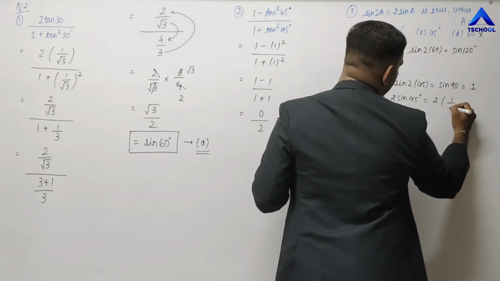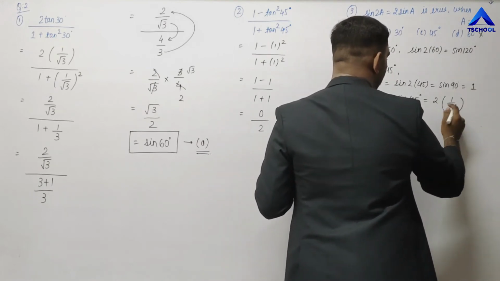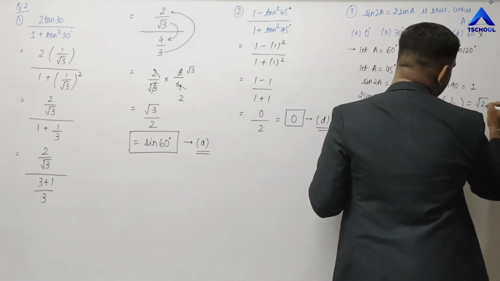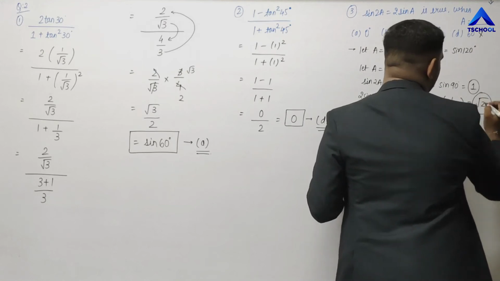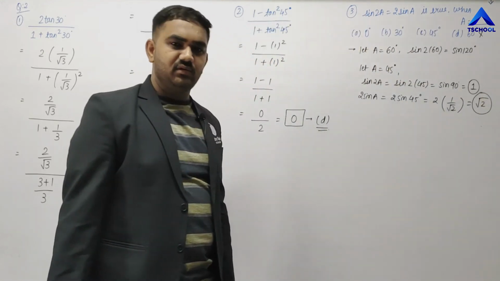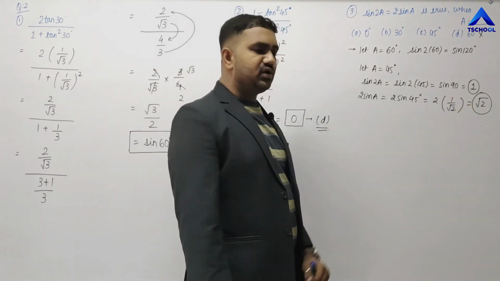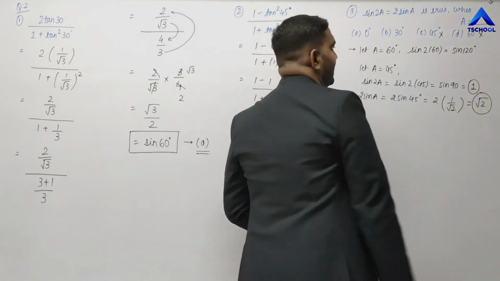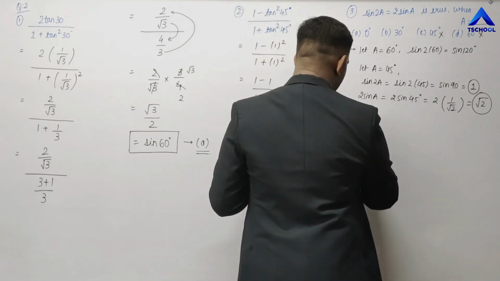Sin 45 is 1 by root 2, so 2 into 1 by root 2 is equal to root 2. So is 1 equal to root 2? No, 1 and root 2 are not equal. So obviously sin 2a and 2 sin a are not equal. So 45 degree has also failed.